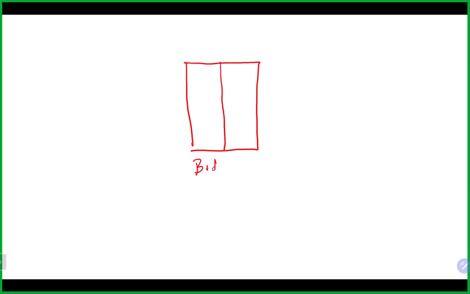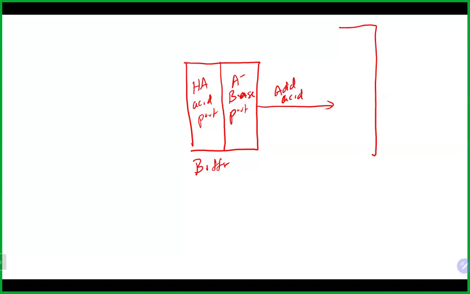So if you made a buffer and it has an acid part and a base part, as we saw, when you add some acid to it, it will react with the base part of the buffer and it will use up some of the base part, but it will make some of the acid part. So you'll make some more of the acid part of your buffer when you do that. You'll use up some of the base part of your buffer.